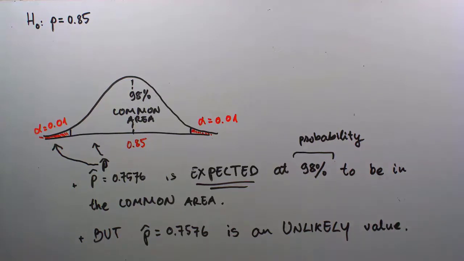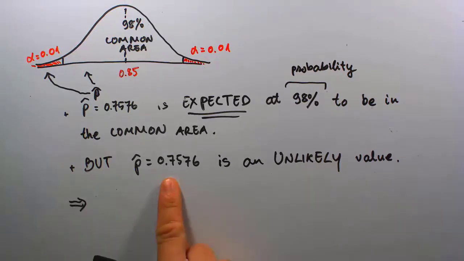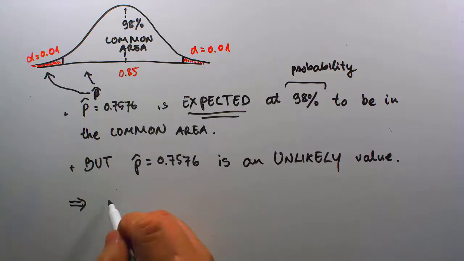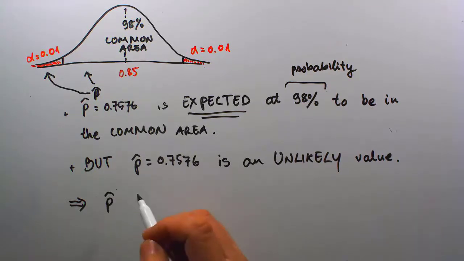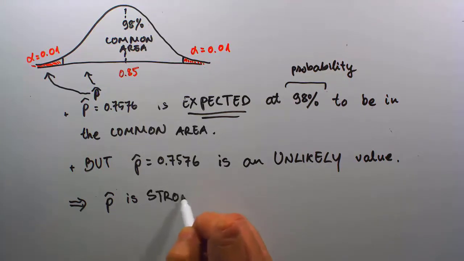And that's why at this point we can say that because p hat is an unlikely sample value, we can make our ultimate decision that p hat is showing strong evidence.